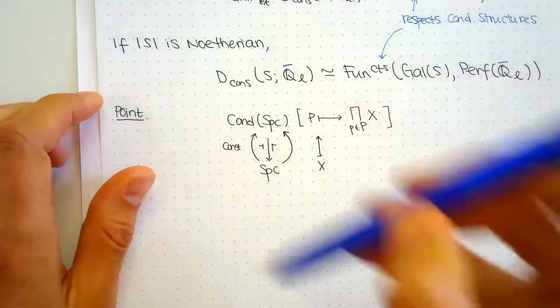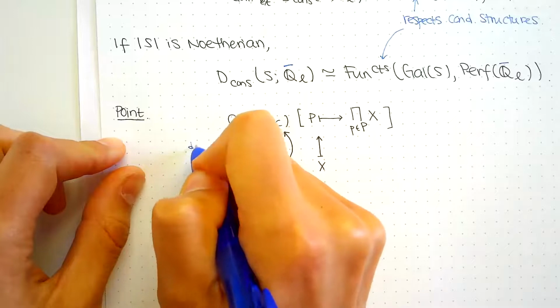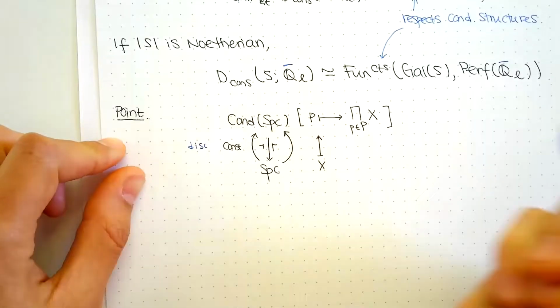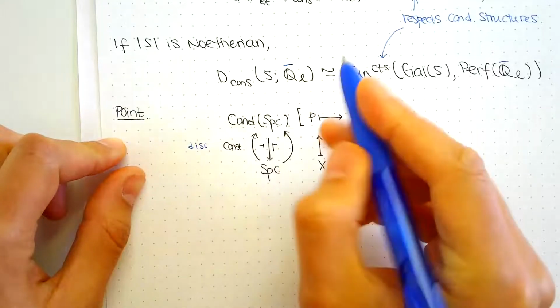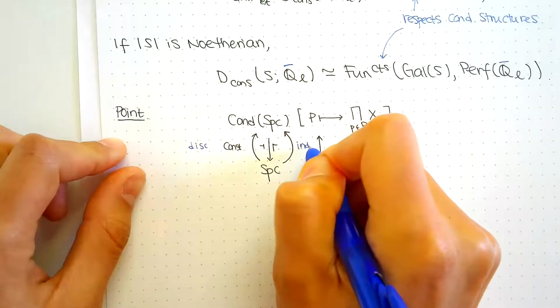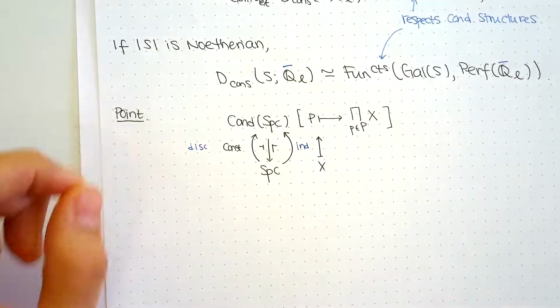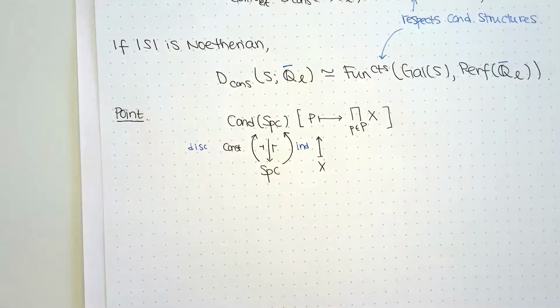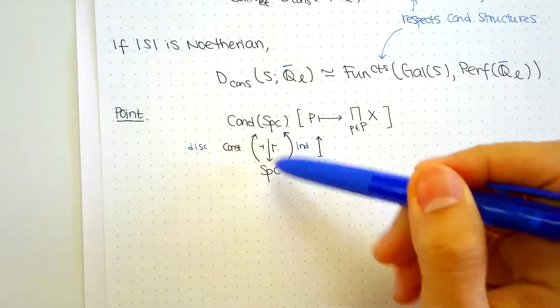So often we think of this as thinking about your objects as discrete objects, and this is like indiscrete objects, which is kind of weird, but because of this, this has to preserve limits and colimits.